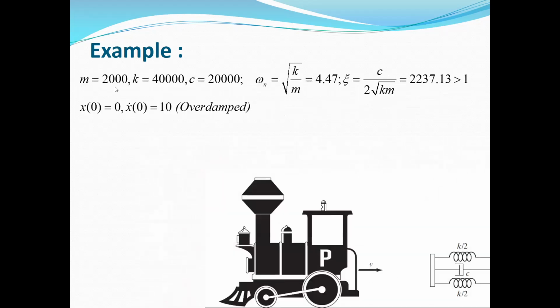So we will have m, which is 2000, k is 40,000, and c is 20,000. Omega n is the square root of k divided by m. You can form the equation of motion.